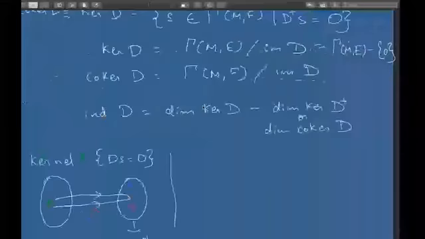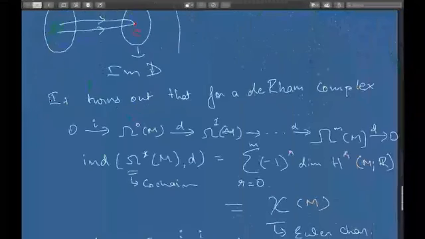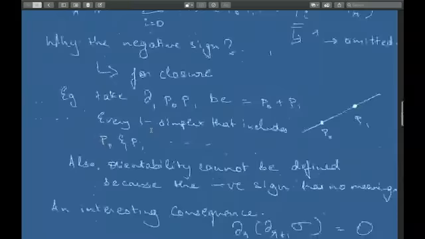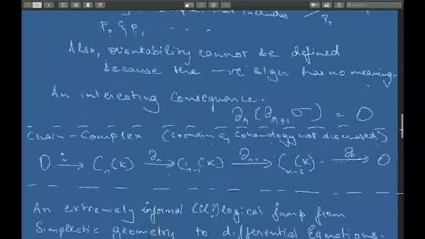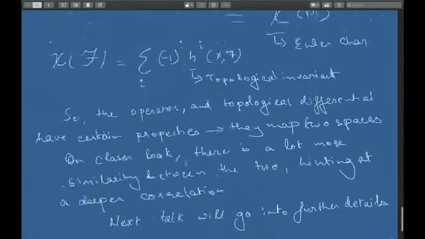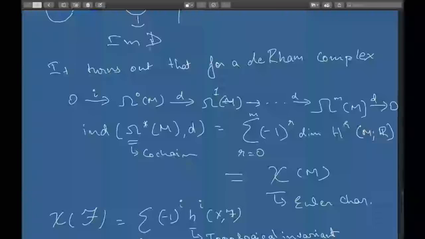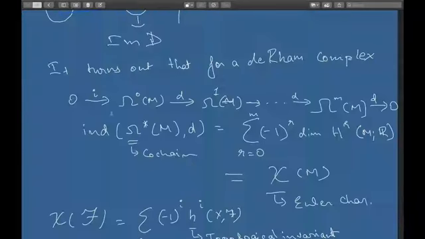So how is this related? For example, it turns out that for a de Rham complex, which is a chain complex defined like whatever we spoke about here, given by this particular thing, you have omega 0, then you apply the differential and it becomes omega 1.